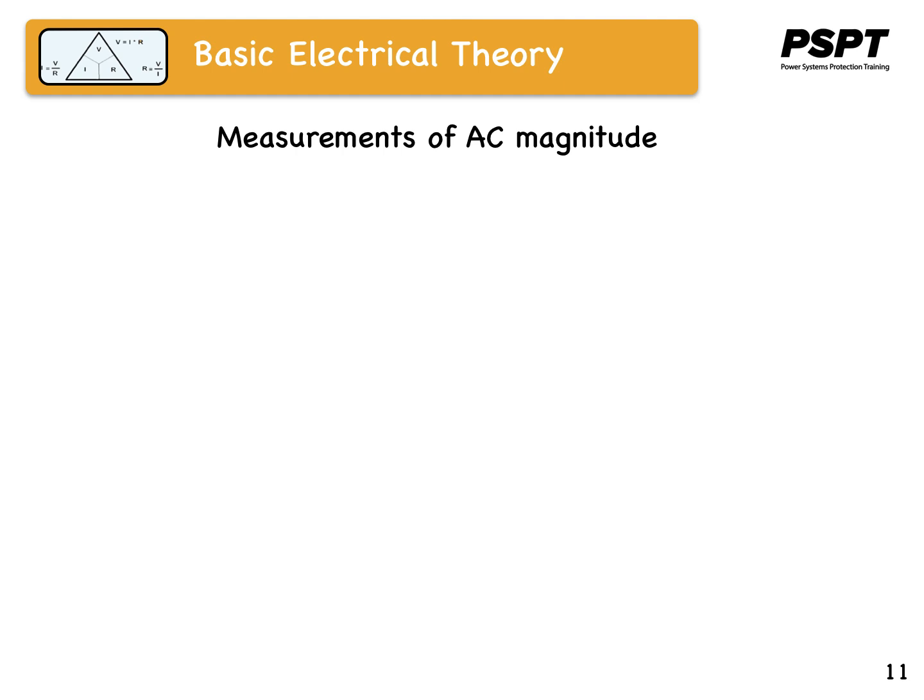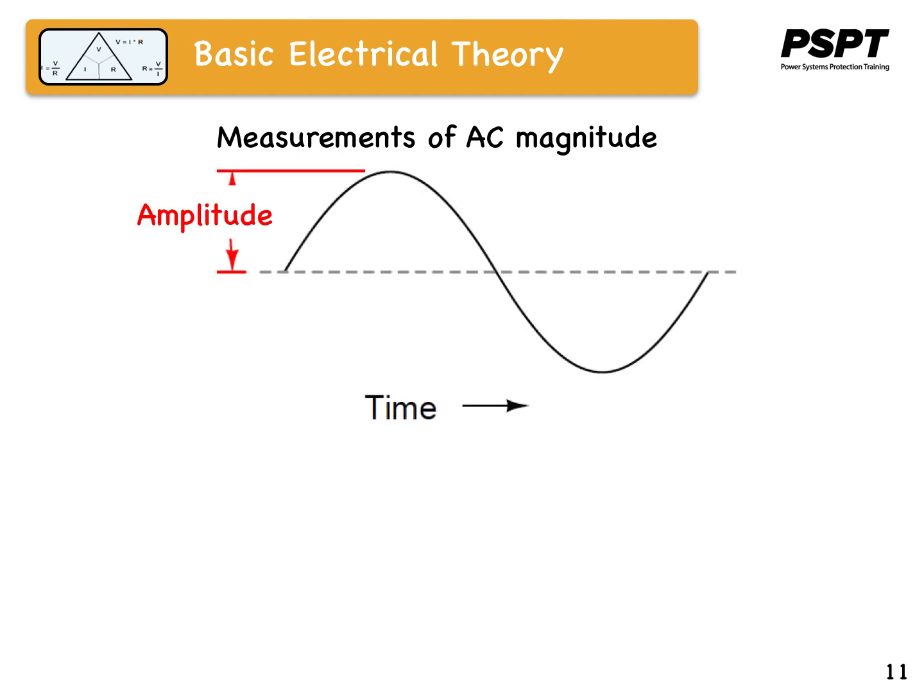One way is to express the intensity or the magnitude in terms of its amplitude of an AC quantity. This measurement is often referred to as peak measurement of the AC waveform.